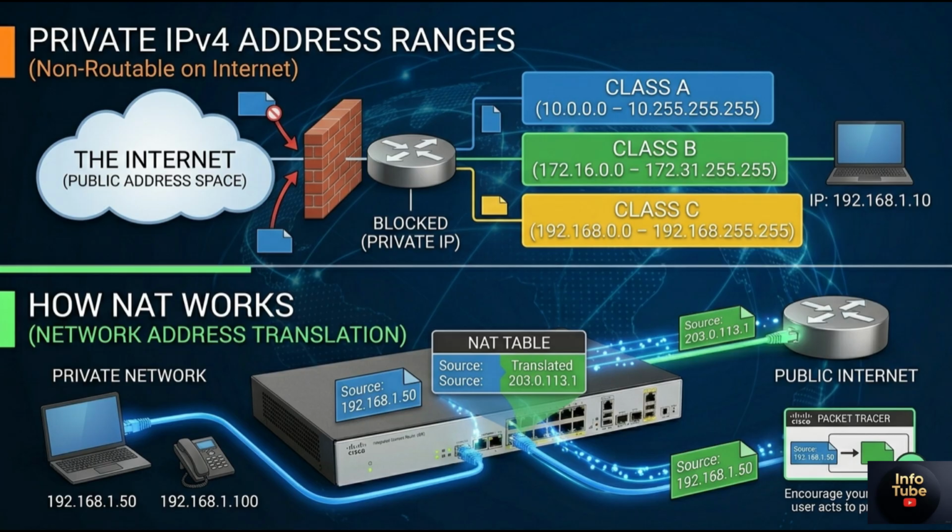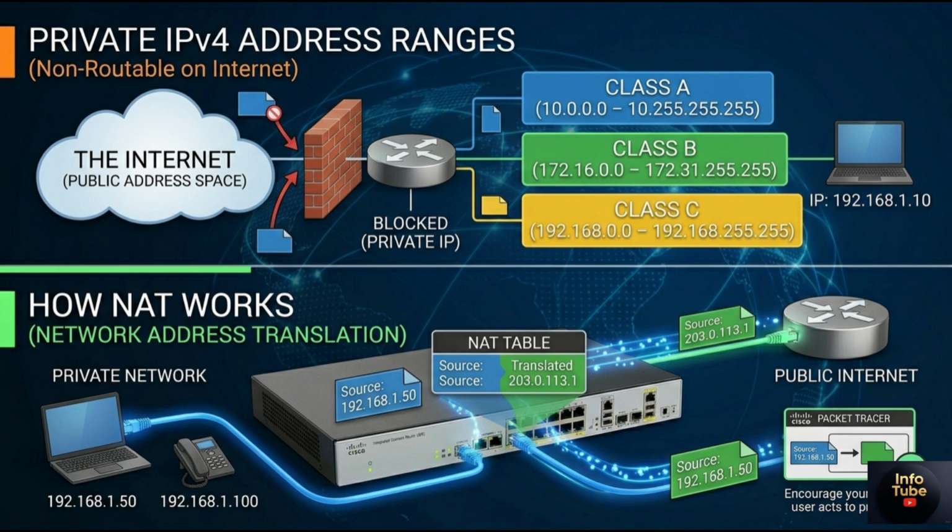2. The 3 reserved ranges. To keep things organized, the networking world agreed to set aside 3 specific blocks of addresses that can only be used for private networks. You will see these everywhere. Class A, 10.0.0.0 to 10.255.255.255, huge networks.